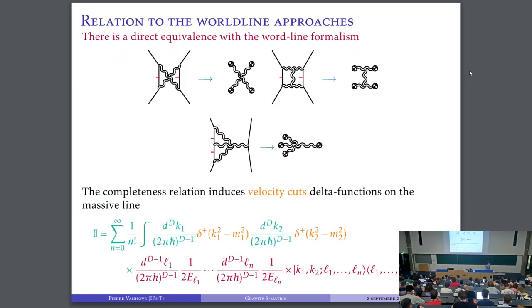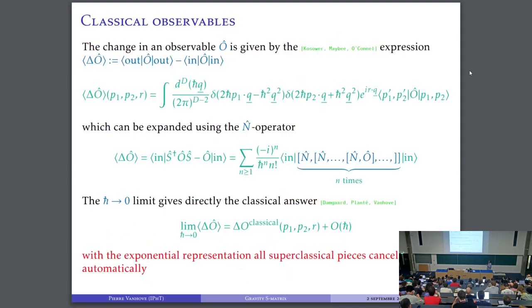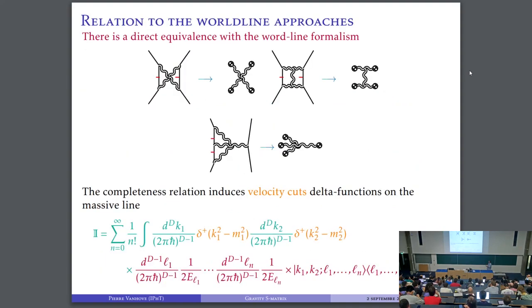So for those who are familiar with the worldline formalism, where you have classical sources that interact gravitationally: the relation to a quantum field theory, for example, when you have a quantized massive field that exchanges massless gravitons, is that when you apply these relations, you have at some point to use the completeness relation.